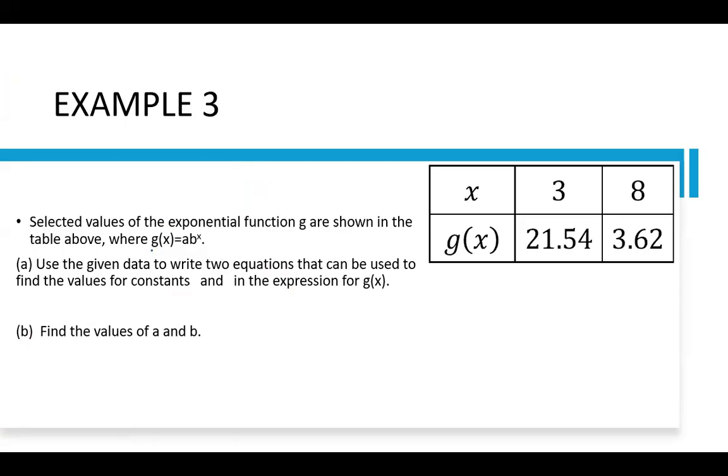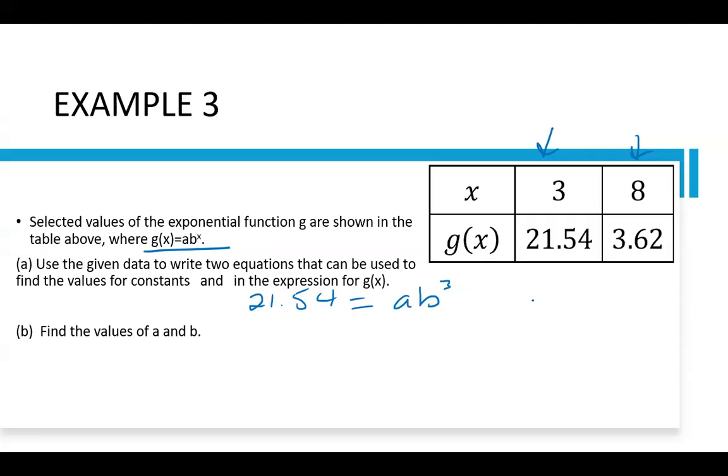So it says that we're establishing g of x equals a times b to the x and asks for our 2 possible equations if we were to solve this algebraically, correct? So we have said values for those two possible equations, right? So your first equation would be 21.54 equals A times B to the 3, correct?